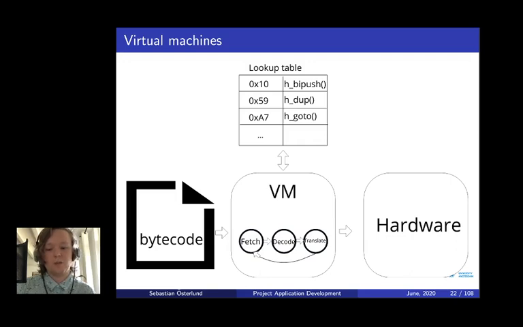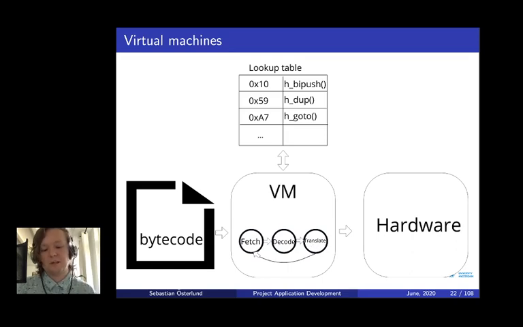So the decode step decodes the instruction that you're reading and tries to understand what it needs to do. And then the last translation step takes that instruction and translates it to the architecture that you're on.